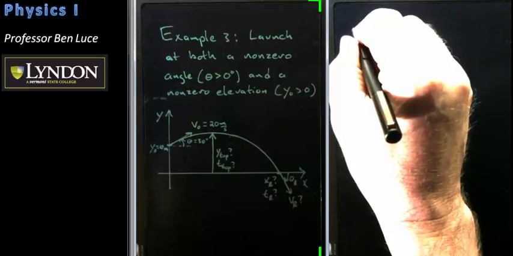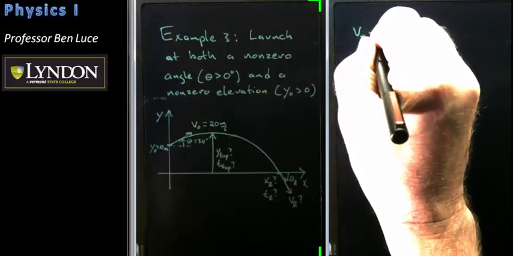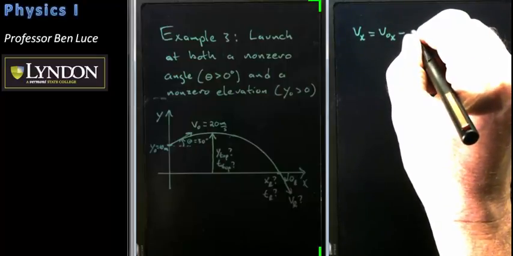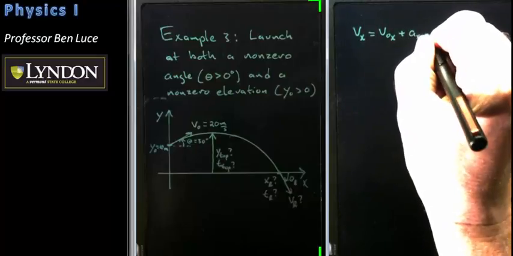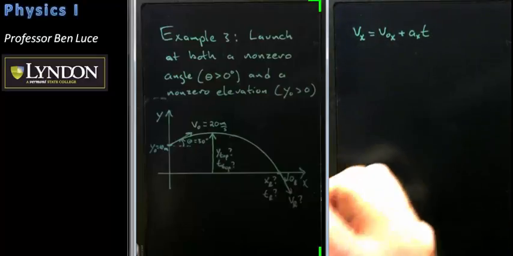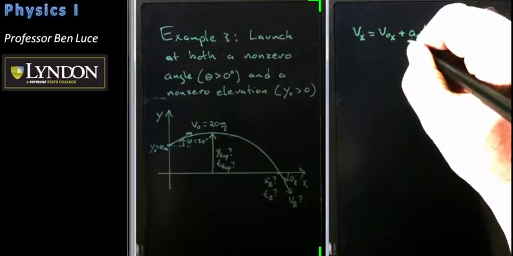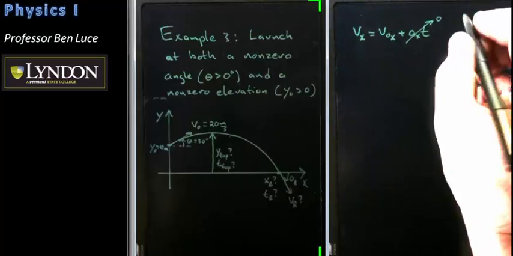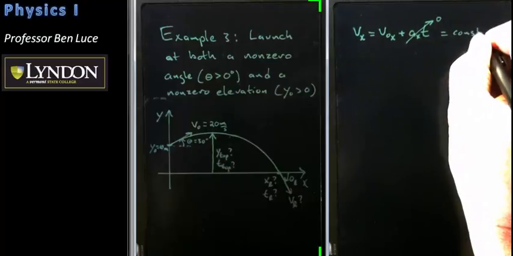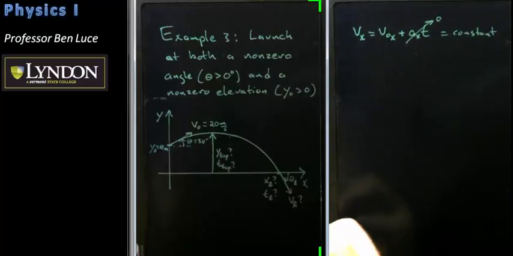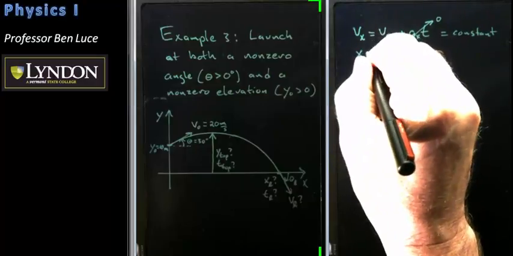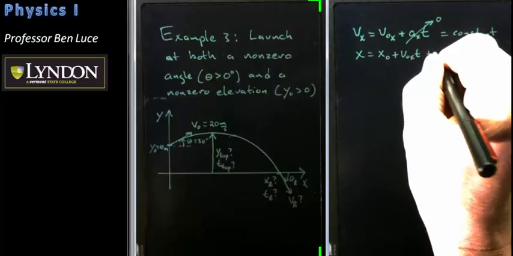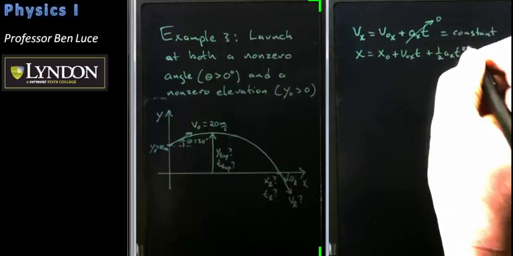So Vx would equal V naught x plus Ax t, but there is no acceleration in the x direction in this problem, as usual for all of these problems. So again, Vx is just equal to V naught x. And so the x component remains constant. The x coordinate would equal x naught plus V naught x t plus 1/2 Ax t squared.